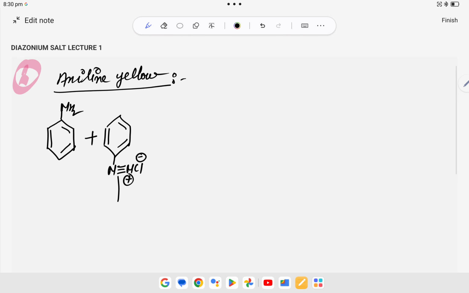In that case, positive charge vanished by the shifting electron, chlorine becomes free, and that H plus will approach the chlorine because one hydrogen is present, and coupling is done. So what is the coupling? This position as it is, and here nitrogen, double bond nitrogen, and phenol. So aniline yellow dye formed.